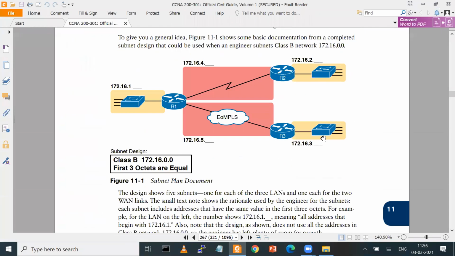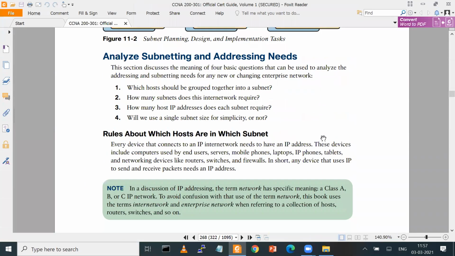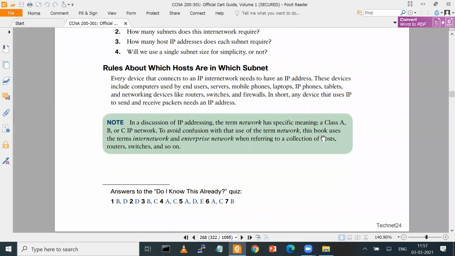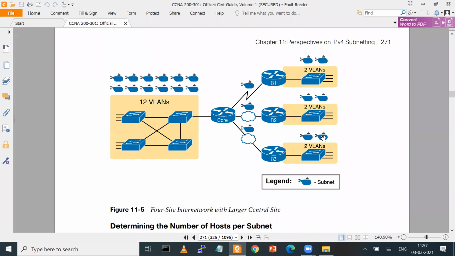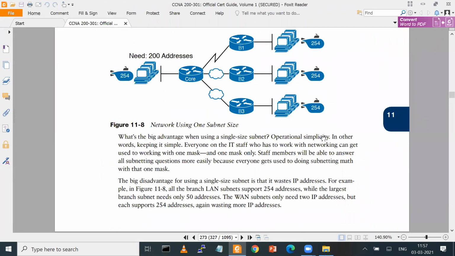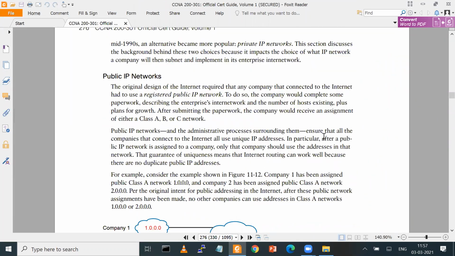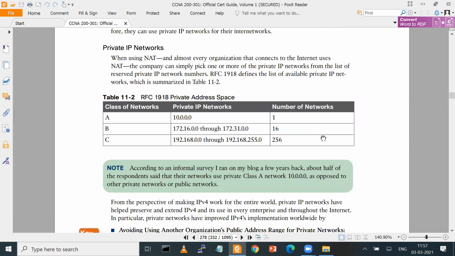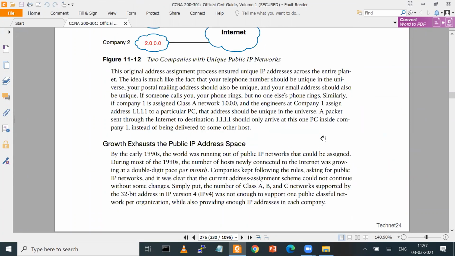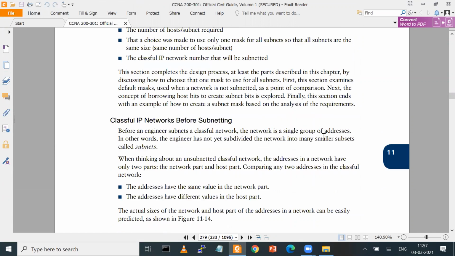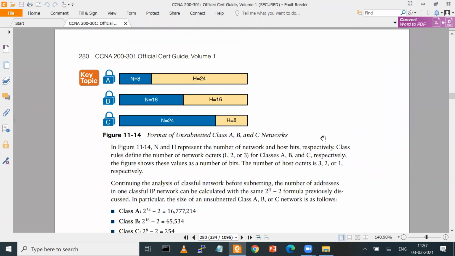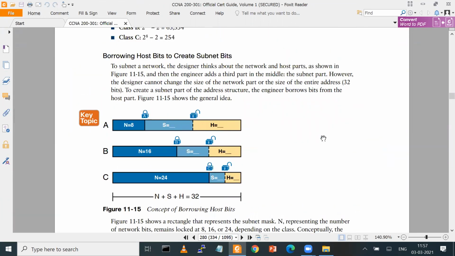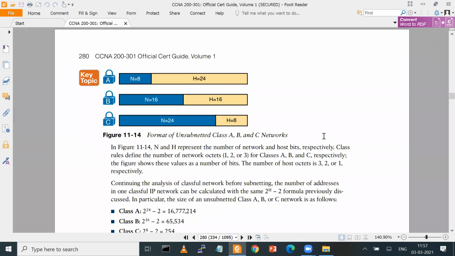Introduction to subnetting. But before subnetting, I'll show you the basics. Where are the basics? See here how all these things it is showing.